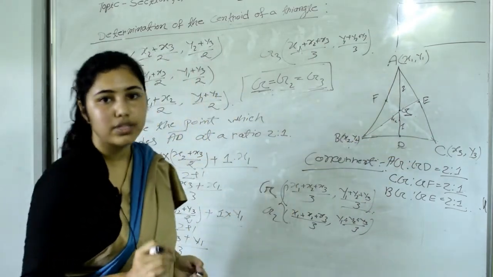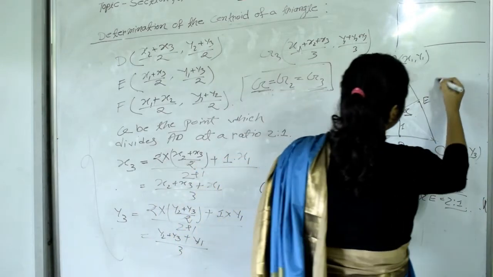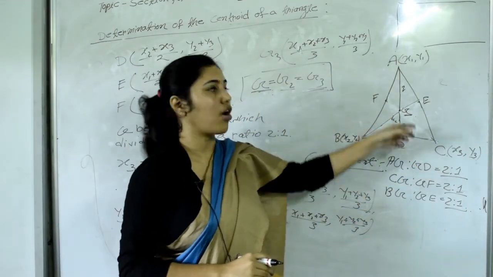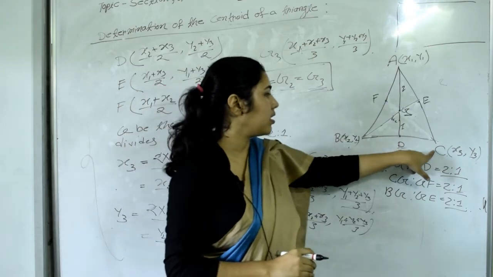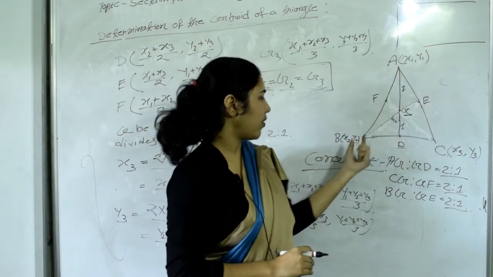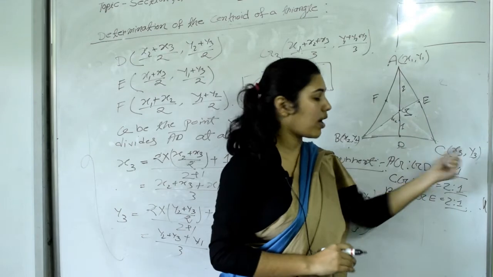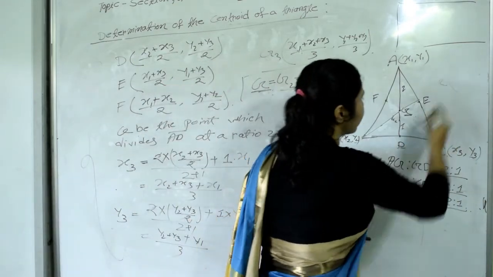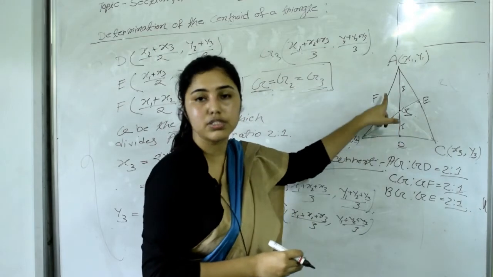So now tell me, suppose the vertices of a triangle ABC are x1 y1, x2 y2 and x3 y3. Then tell me the coordinate of the centroid of this triangle.